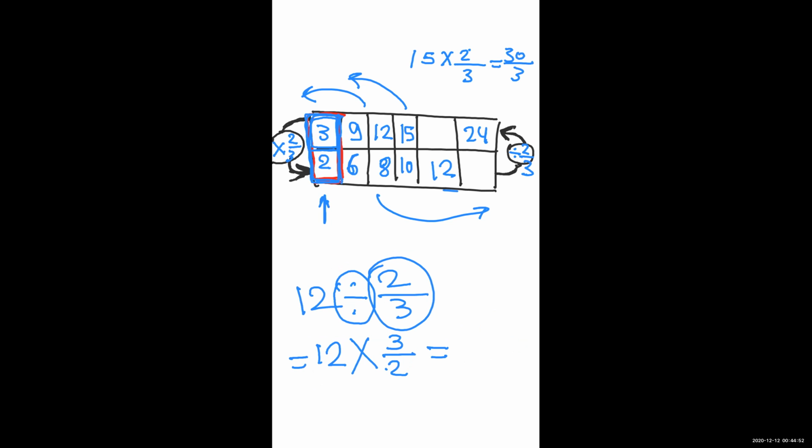So it will equal 36 over 2, which will equal 18. So this number is 18. Now the next one, 24 times 2 over 3, so it will equal 16. Now this one is clear? Yes. Okay, great.